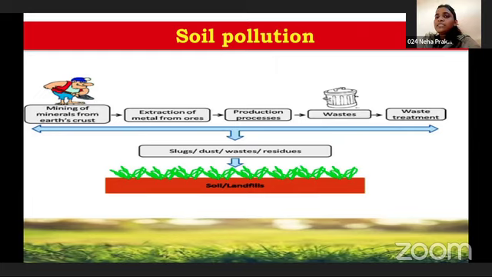So this is one of the important risks that we are facing from soil pollution, that is, mining of minerals and wastage in the groundwater. This mainly leads to soil pollution.